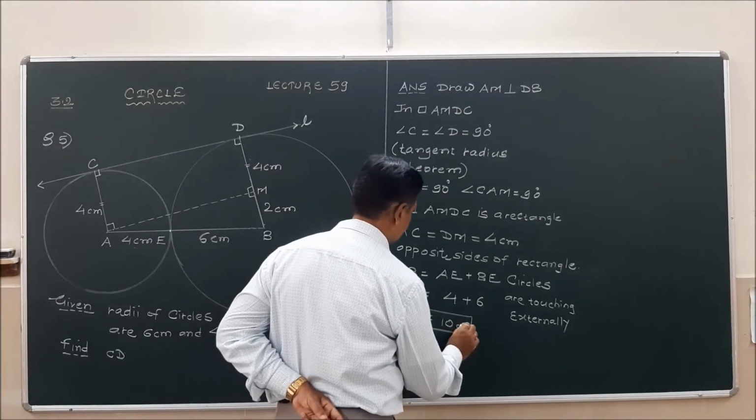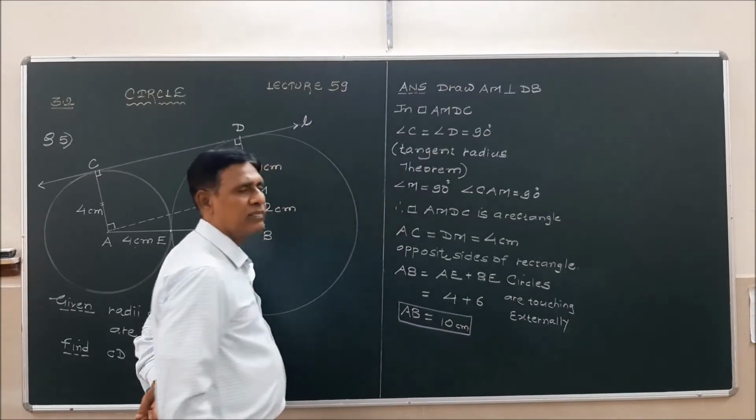So AB is equal to 10 centimeters. Clear all this?